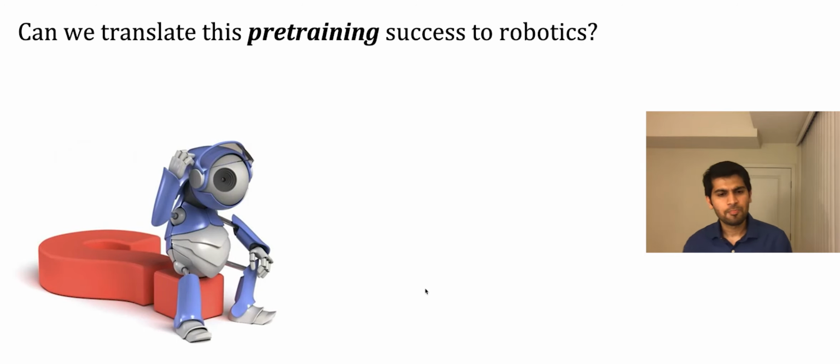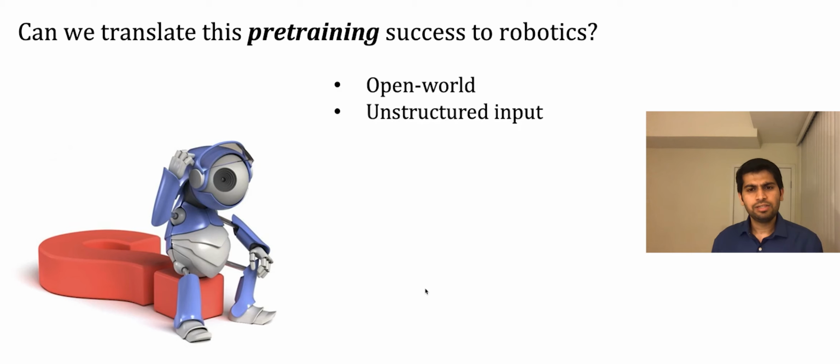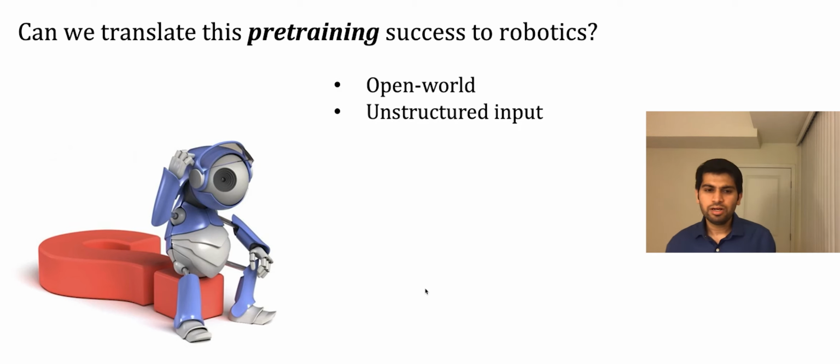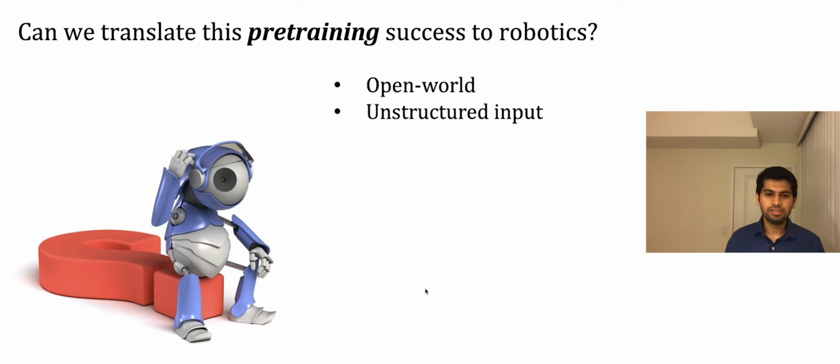Now, can we transfer the same kind of success we have seen in building pre-trained representations for all these tasks to robotics? Robotics is similar and different to other passive domains like vision and language. It's similar in certain aspects, such as the problem is also open world, and the input is unstructured in the sense that a robot can receive an image from a camera or haptic sensing from a touch sensor.